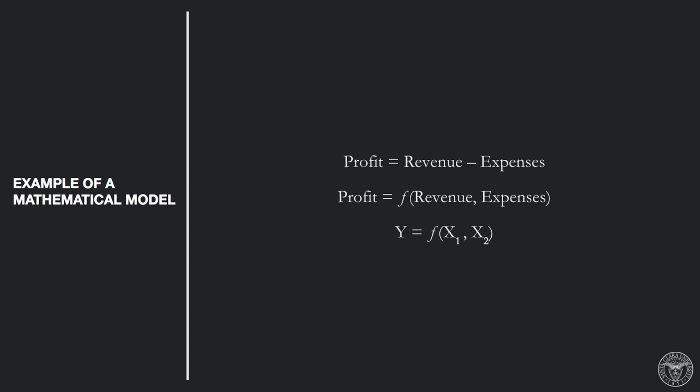In this case, x1 stands for revenue, x2 stands for expenses, and y denotes the profit. The f is the function we use to connect the profit with the revenue and expenses. Of course, that's still a very simple model.